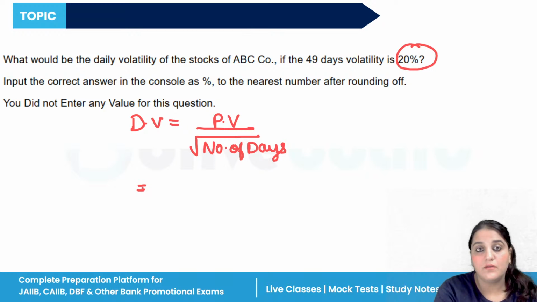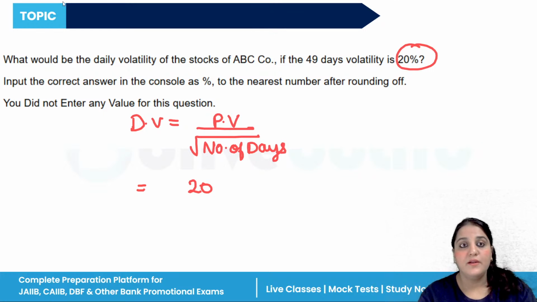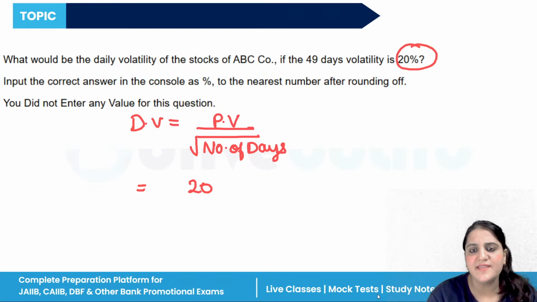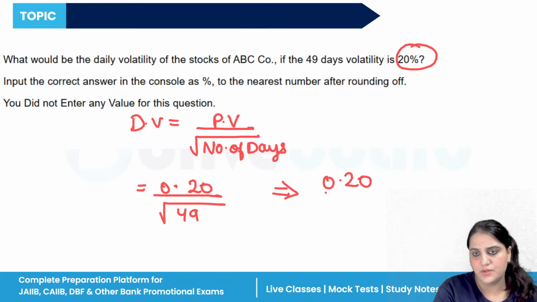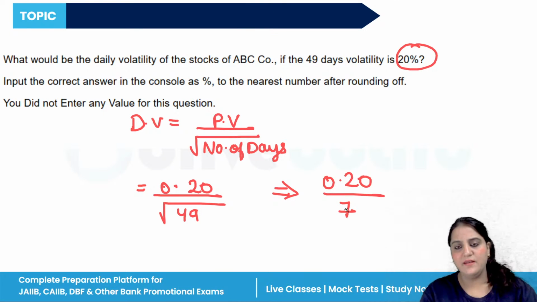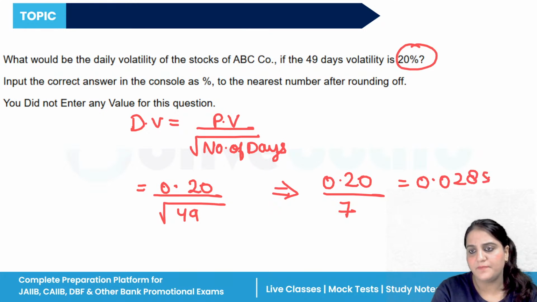So the volatility is 20%, right? 20% means 0.20. We divide by the square root of 49, which is 7, correct? When we divide, it is equal to 0.02857.